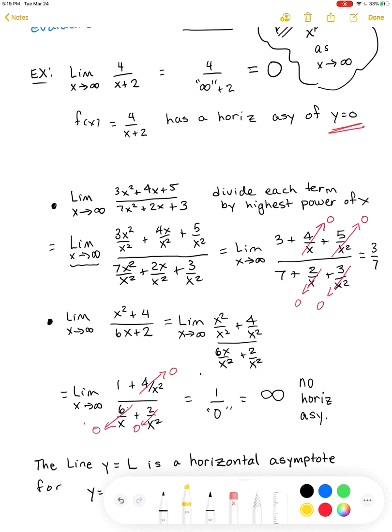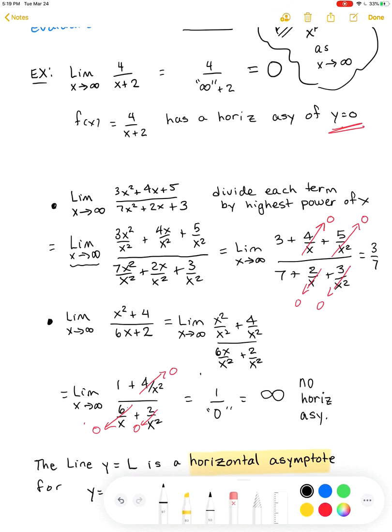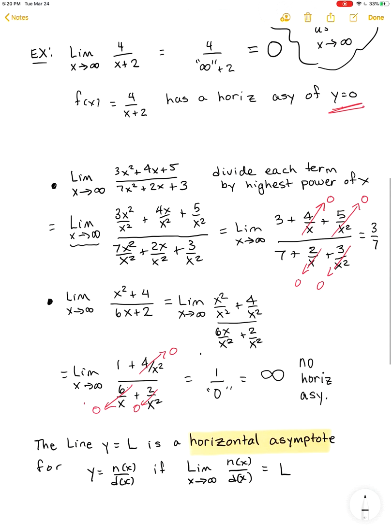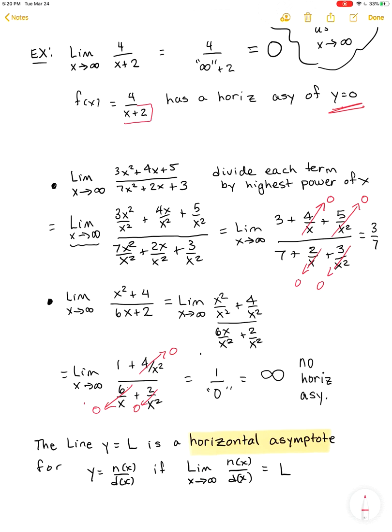So in general, the line y is equal to L is the horizontal asymptote for a rational function if, when you take the limit as x goes to infinity, you get the number L. Now, if you continue to do this by dividing by the highest power of x, maybe you'll see that if the highest power of x is in the denominator, then the denominator will grow faster than the numerator, and the horizontal asymptote should be y is equal to 0.